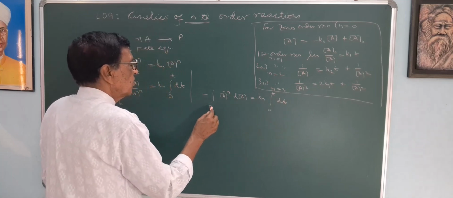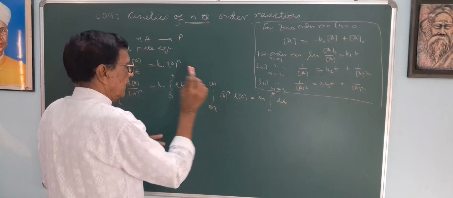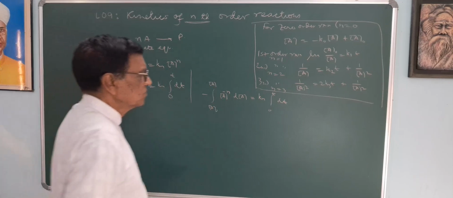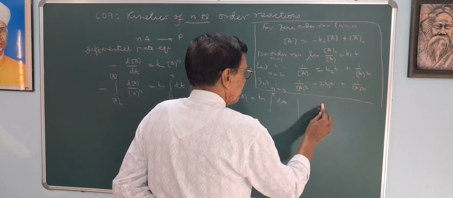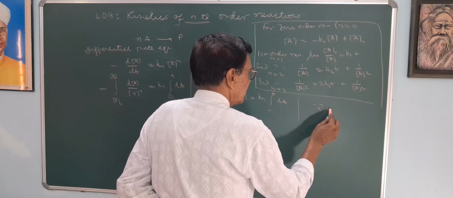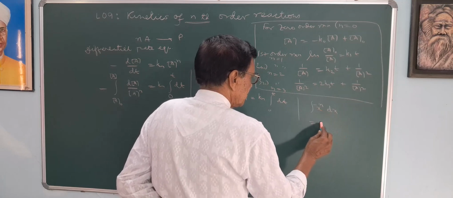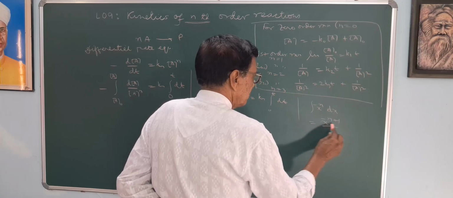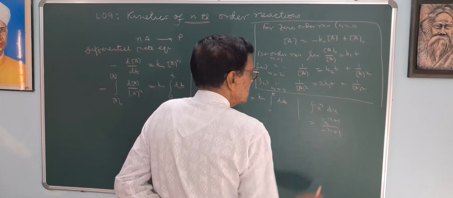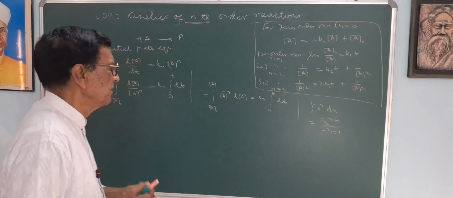Here concentration of A0 and here concentration of A. So it is similar to the integration of x to the power minus n dx. It will be x to the power minus n plus 1 divided by minus n plus 1. So instead of x, we can write concentration of A and put this limit.